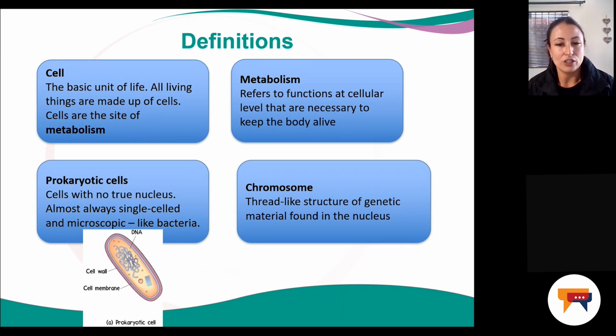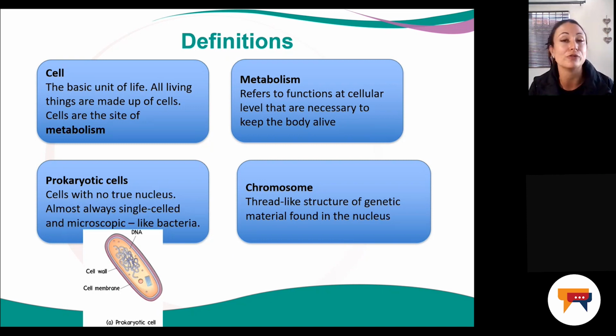Our next definition is a chromosome. A chromosome is a thread-like structure of genetic material found in the nucleus. However, if it's a prokaryotic cell, we could still get a chromosome that contains DNA, but again, this chromosome will not be contained in a nucleus. Therefore, it will be called a prokaryotic cell.